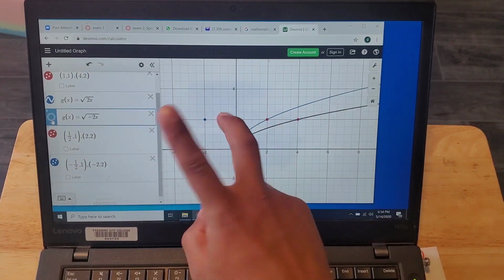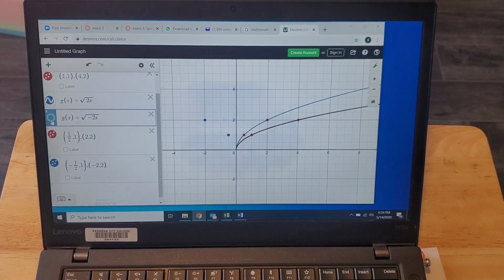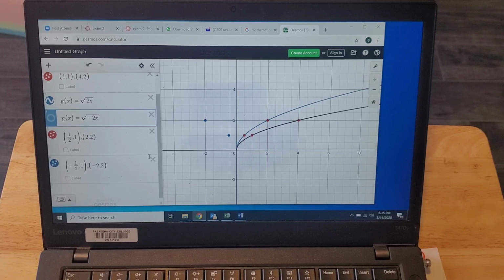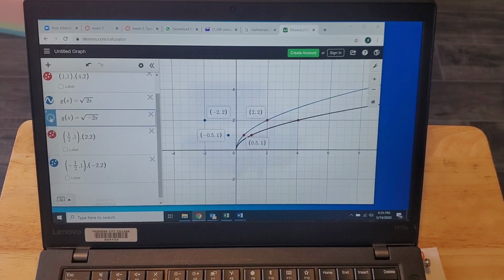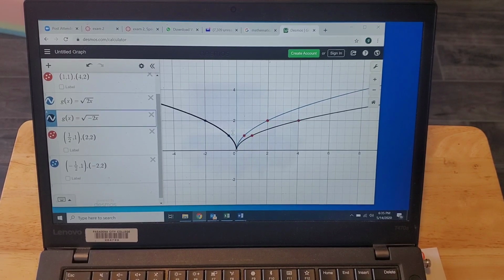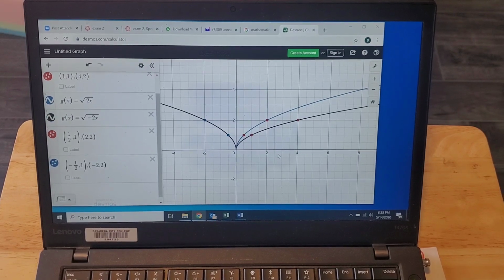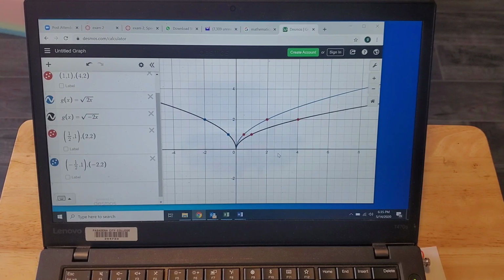Whatever was here just gets reflected onto the other side because you reflect on the y-axis. But what's actually happening is just your x coordinates are becoming negative. So instead of 1/2, comma 1, it becomes negative 1/2, comma 1. Instead of 2, comma 2, it becomes negative 2, comma 2. And it just shifts over to the other side. That's what's happening to them.